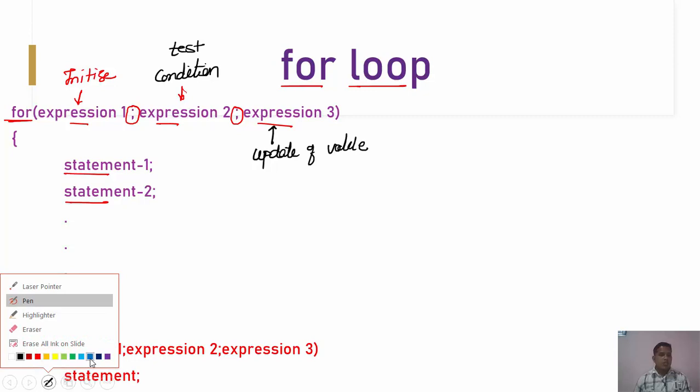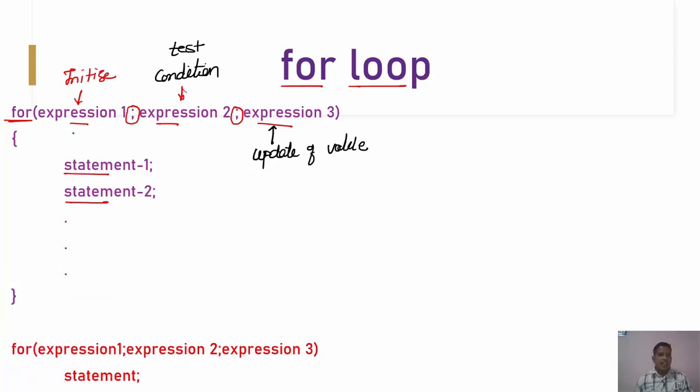The most important thing is that expression 1 executes only once, at the beginning of the for loop. Just try to get this. Expression 1 executes only once at the beginning of this for loop, whereas expression 2 is a test condition. So how do things work?